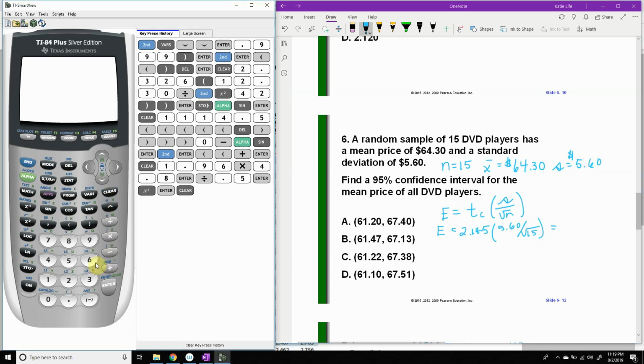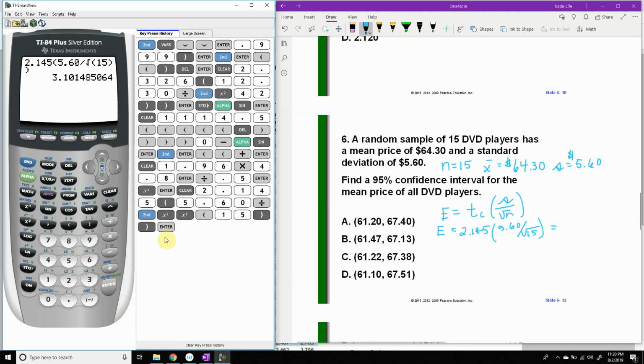So let's find that real quick. 2.145 times $5.60 divided by the square root of 15. Our error is going to be about $3.10.